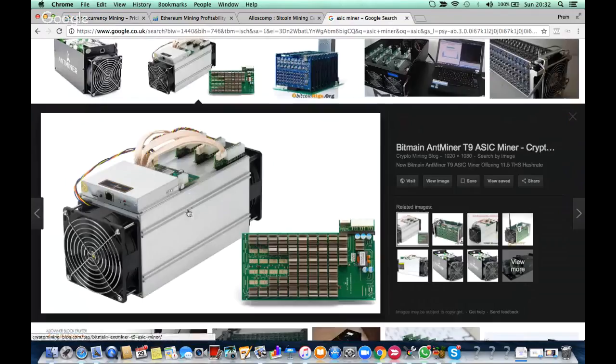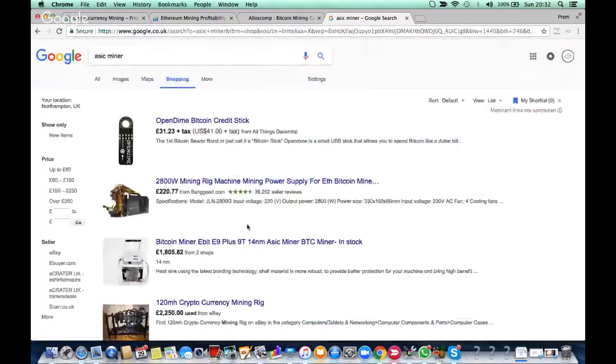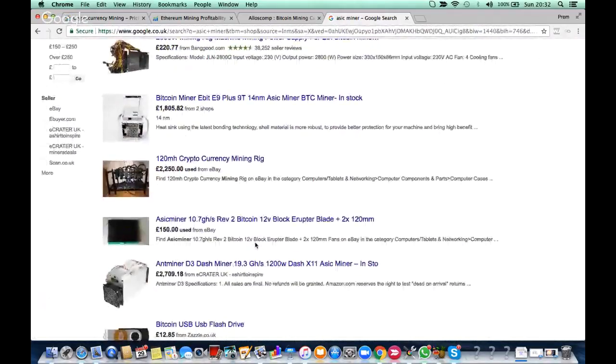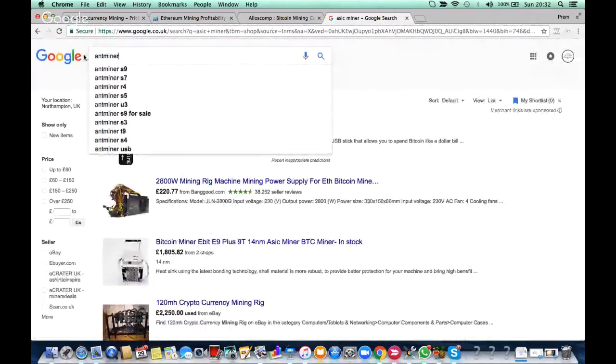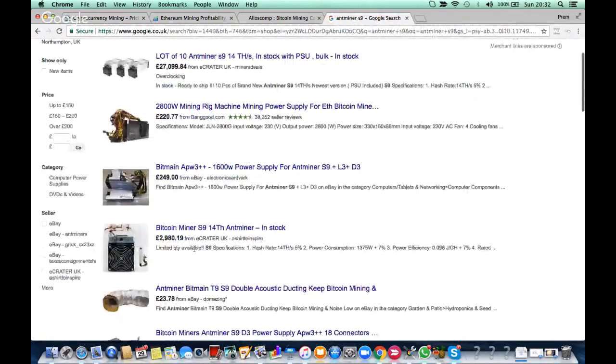Here, this miner, if you were to go shopping for it, E9, no, not that one. I want S9. Let's look for it correctly, right? So I want an Antminer S9. There you go. Bitmain Antminer S9.